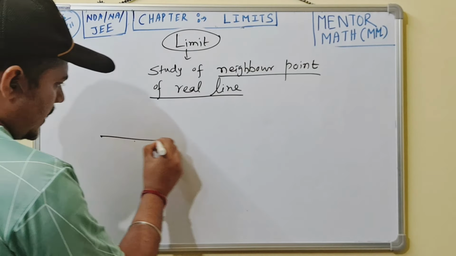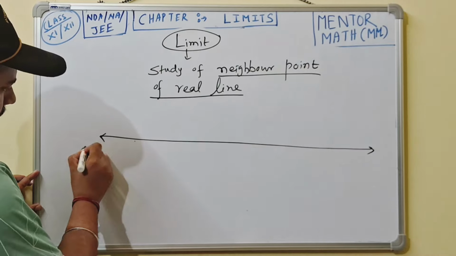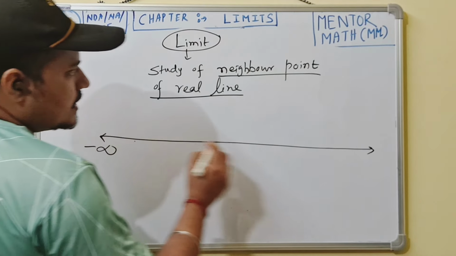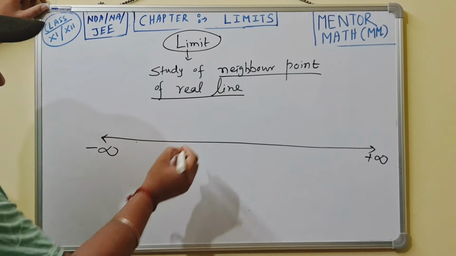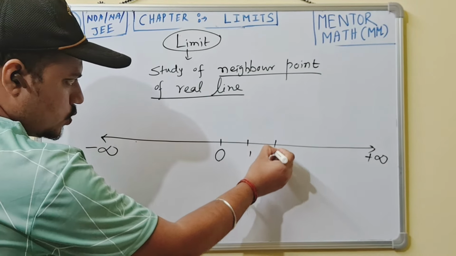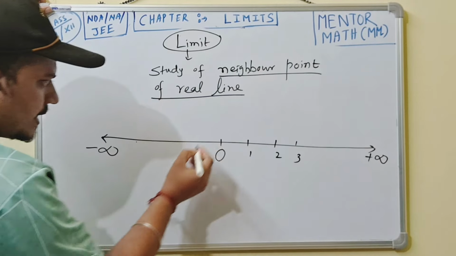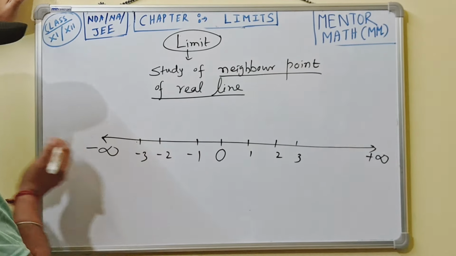Let us take a number line. This is your minus infinity, this is your plus infinity. Here you can put 0, 1, 2, 3, and so on, and here are minus 1, minus 2, minus 3, and so on.